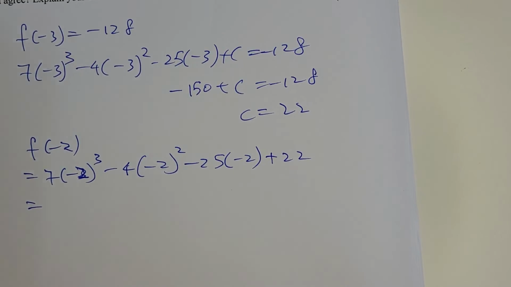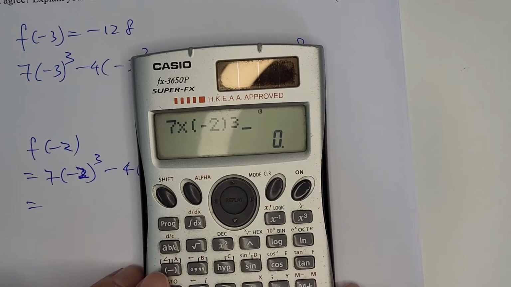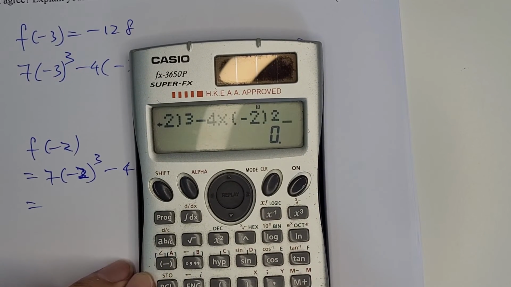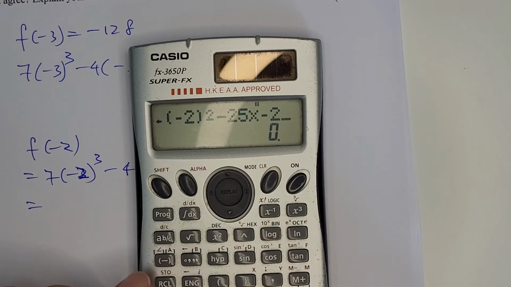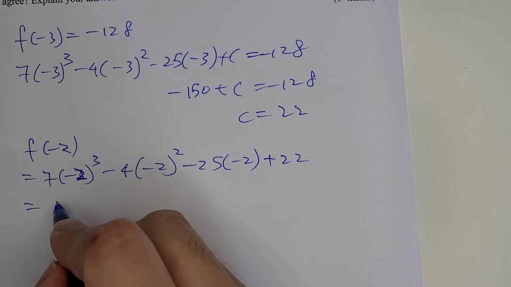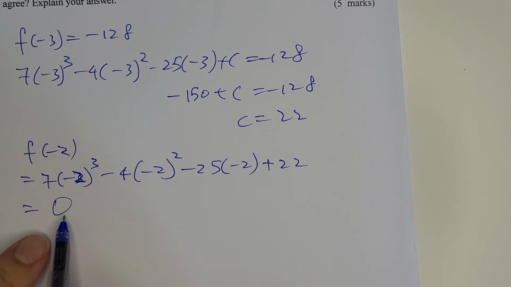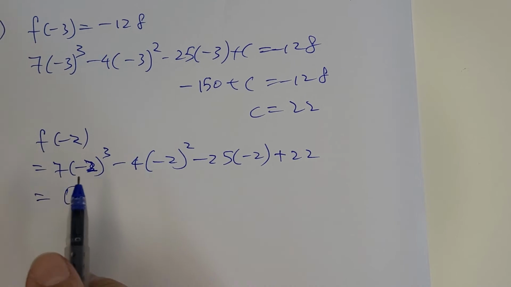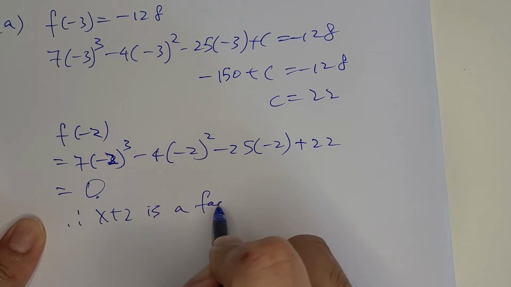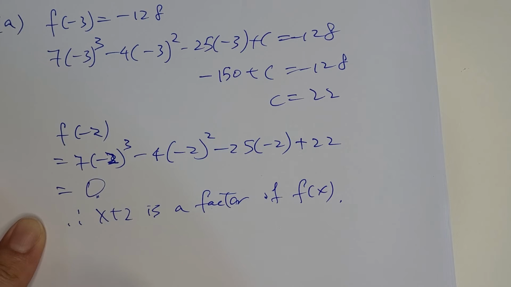Okay, let's check. Luckily that's 0. You can see that when f(x) is divided by x plus 2, the remainder is 0. That means x plus 2 is a factor of f(x). So that finishes part A.